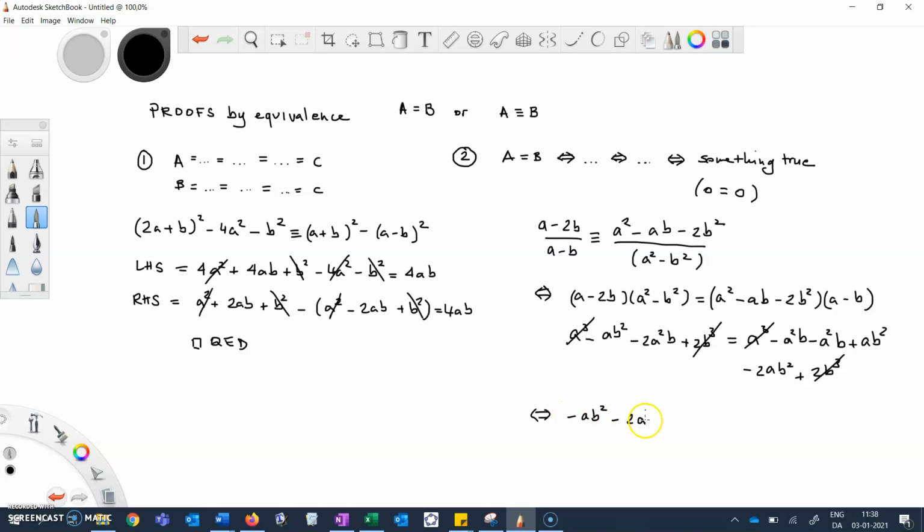I have this one equal to, now here I have minus a squared b minus a squared b, so it's minus 2a squared b, and then I have ab squared and minus 2ab squared, which makes it minus ab squared. So I can see that here I have minus ab squared, and then I have minus 2a squared b on both sides, okay? So what I'm left with is an equivalent statement that is 0 equals 0. And that's my demonstration.